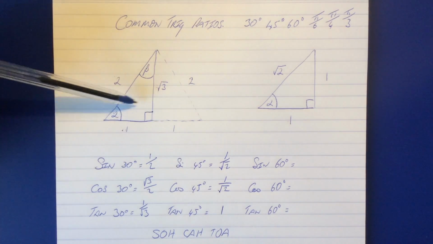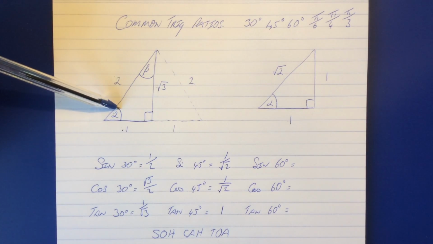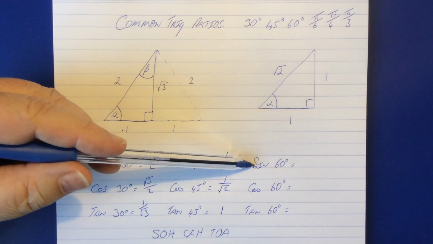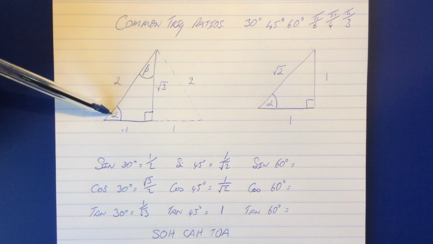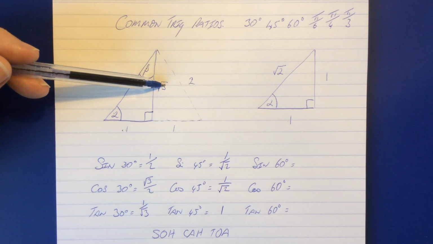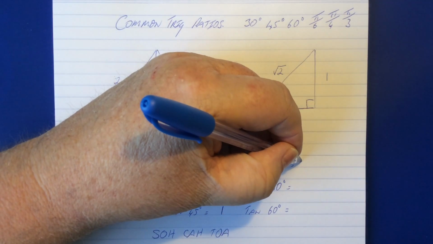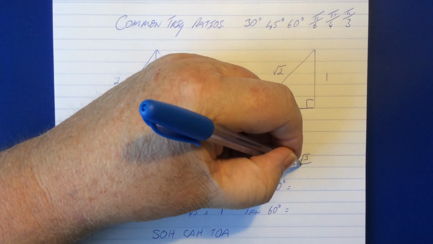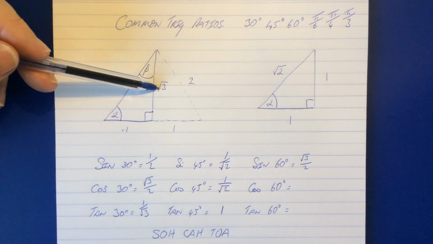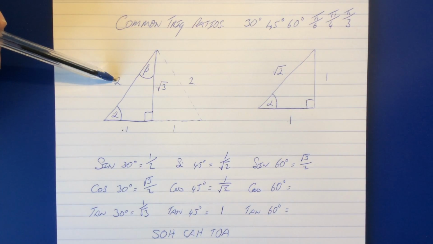Moving to this angle, which is 60 degrees, pi on 3. The sine of this angle will be the opposite over the hypotenuse, root 3 on 2, opposite over hypotenuse.